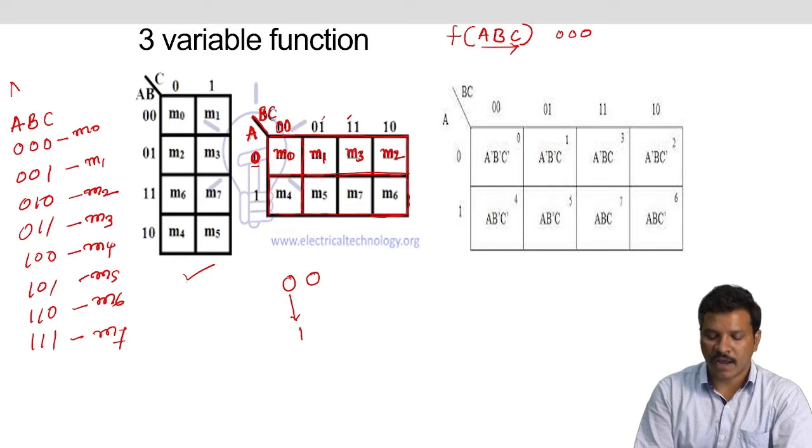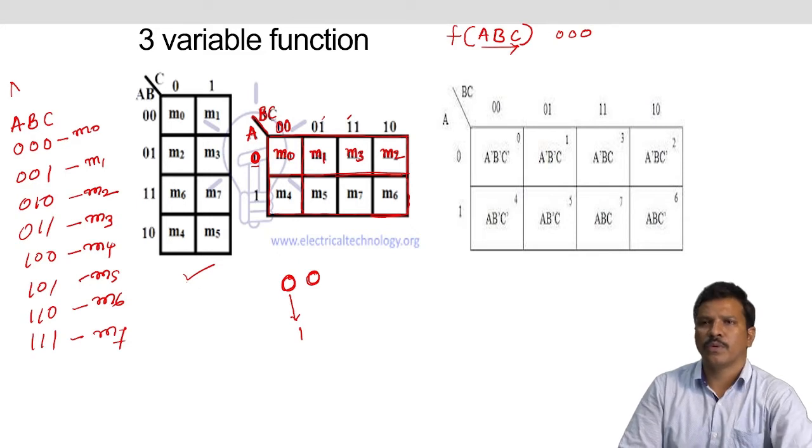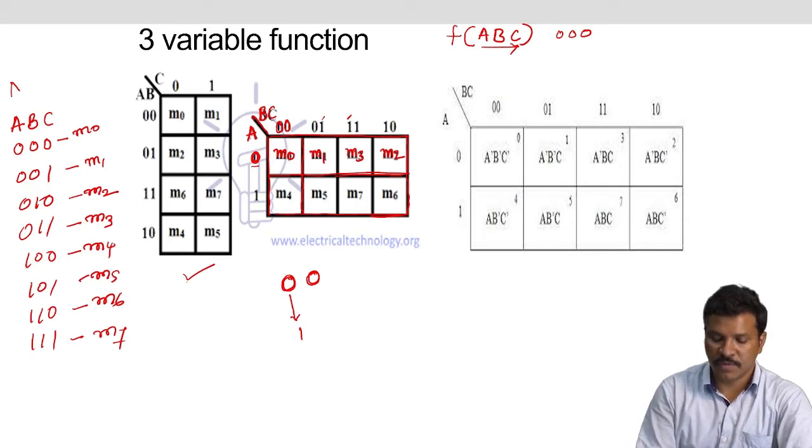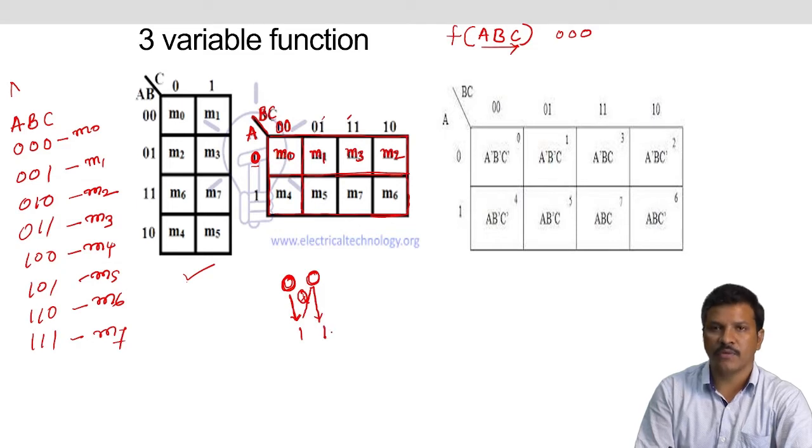the XOR operation of the MS bit with the next bit. The MS bit is taken as it is, and the XOR operation of this MS bit with the next neighboring bit, for 0 1, is nothing but 1.